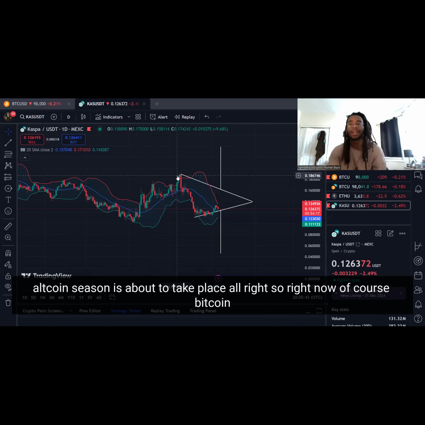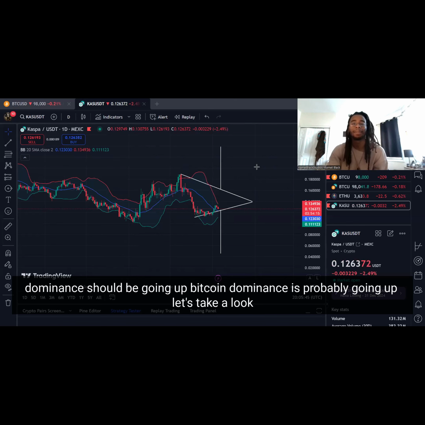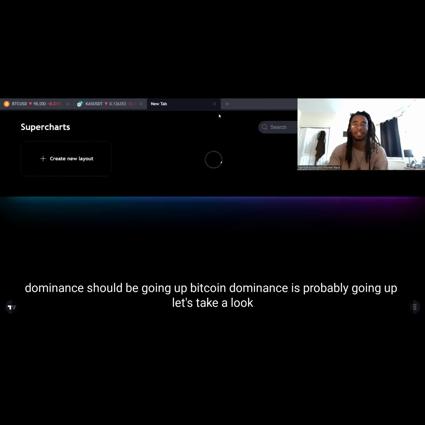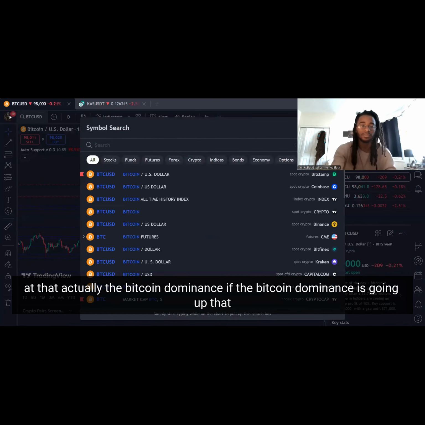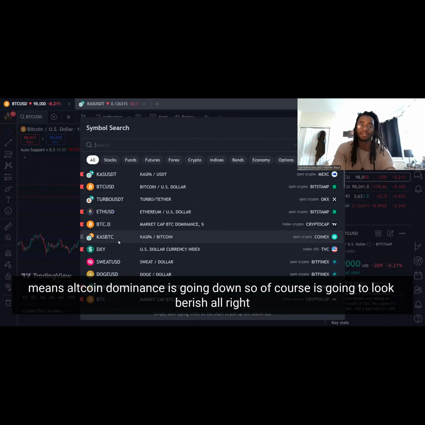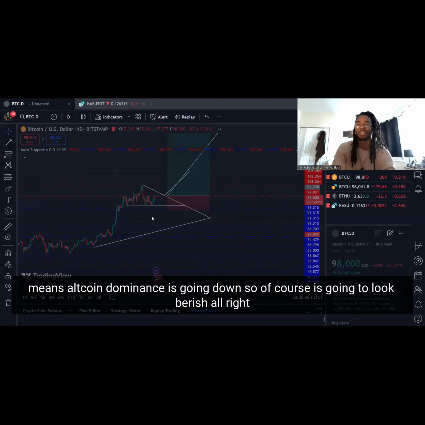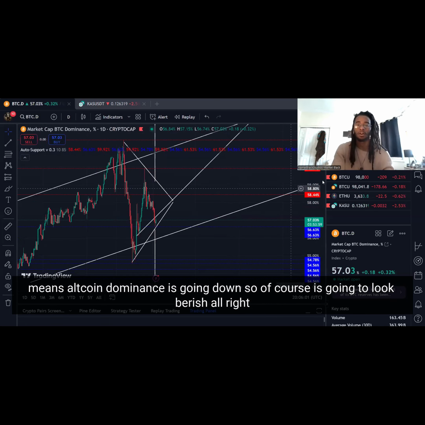All right. So right now, of course, Bitcoin dominance should be going up. Bitcoin dominance is probably going up. Let's take a look at that actually. The Bitcoin dominance. If the Bitcoin dominance is going up, then that means altcoin dominance is going down. So of course it's going to look bearish for altcoins.